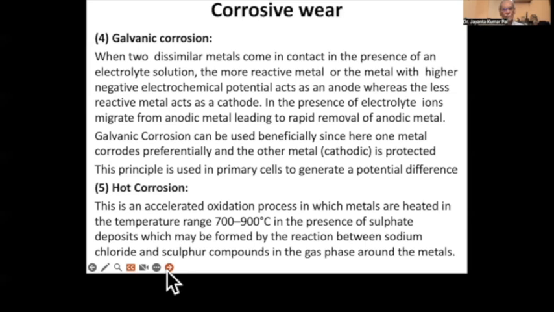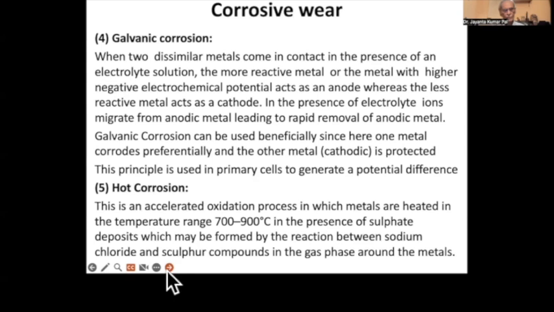So this is sometimes described as sacrificial wear, because the anode is sacrificed and the cathode is protected. So galvanic corrosion is a way of protecting one surface at the cost of the other surface.